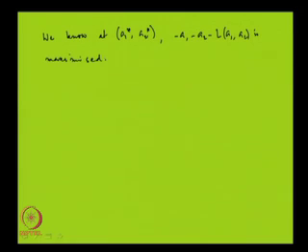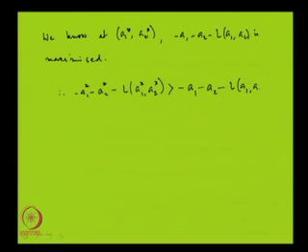Now, if this function is being maximized at these values, that means it is being maximized at the values, this also given A1 is equal to A1 star.